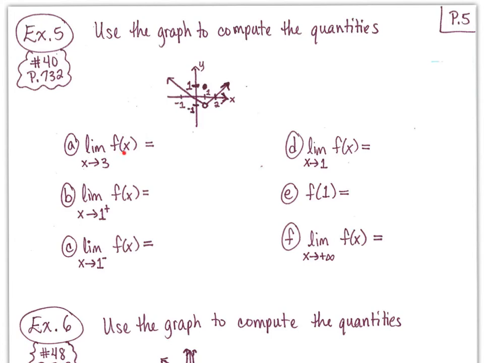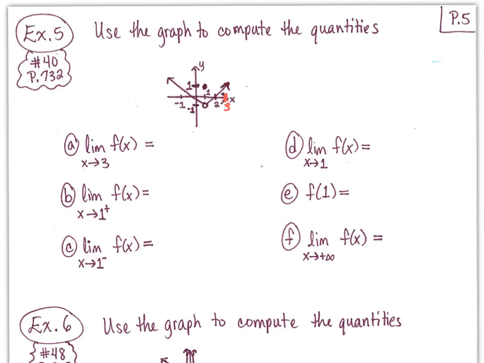So the limit of f of x as x approaches 3, let's see, we're out here, right? So if this is 3, as x approaches 3, our function is approaching what?